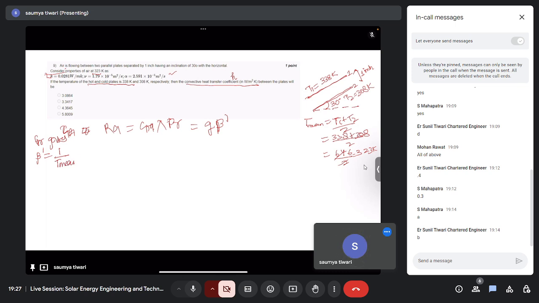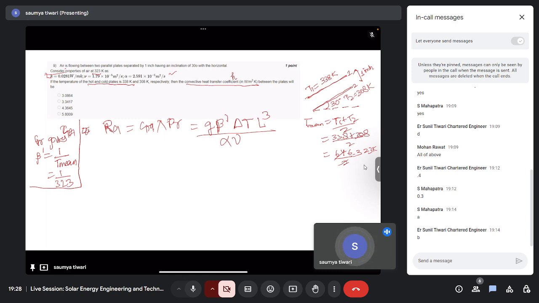So it will be 1 by 323. Now this will be g beta dash into the temperature difference into length cube, upon alpha and then the kinematic viscosity. So this is the formula for the Rayleigh number.